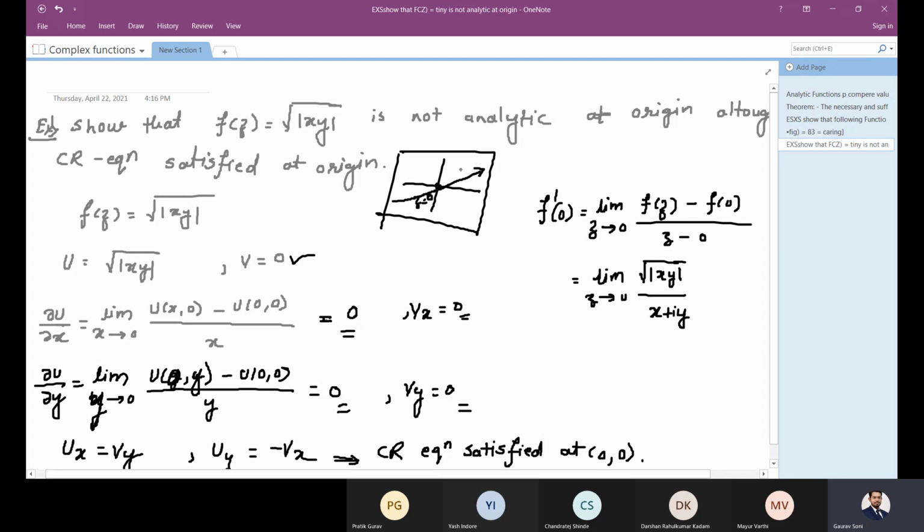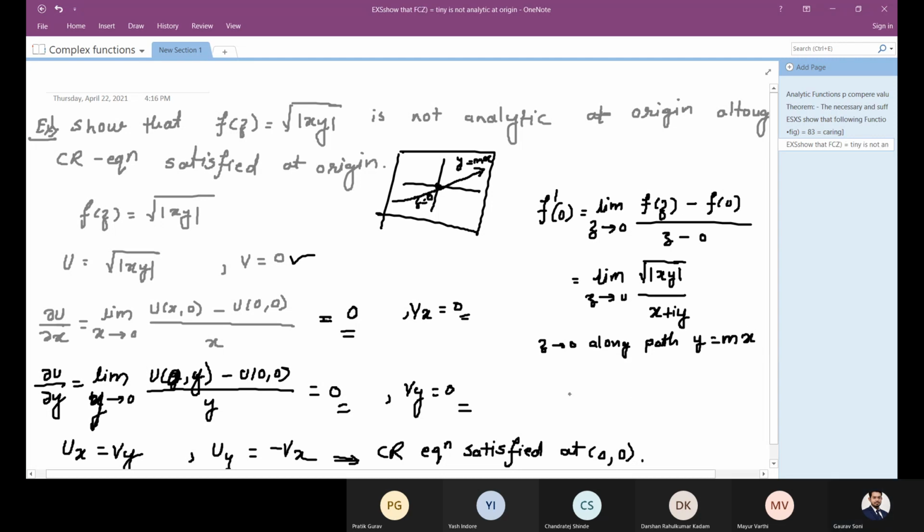The equation of the straight line passing through the origin is y equal to mx. So I will consider that I am reaching the origin along the path y is equal to mx. So let z tend to 0 along the path y equal to mx.